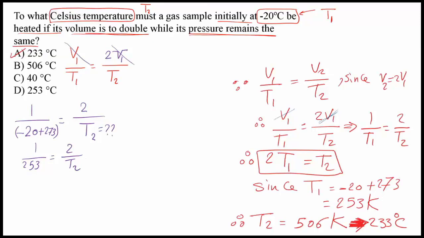Doctor? Yes? Is there a problem if I substitute in Celsius and then convert the result to Kelvin? It will be a big mistake. I will tell you why. If you have a ratio like 2 over 3, and I have a ratio like 2 plus 5 over 3 plus 5, are they the same? Is it the same ratio?